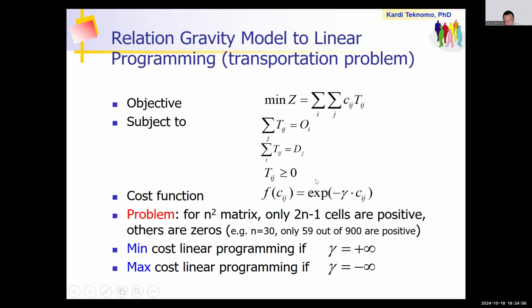And of course, this cost is actually a cost function. For an n square matrix, only n minus 1 cells are positive, the others are 0.